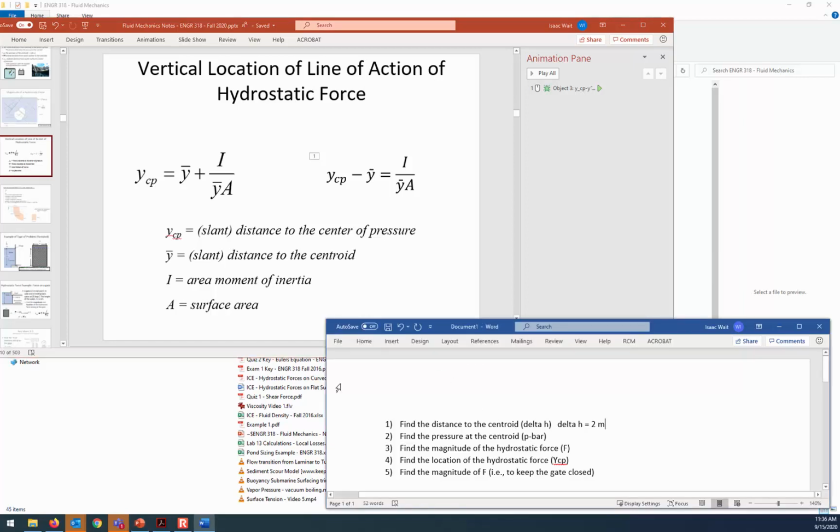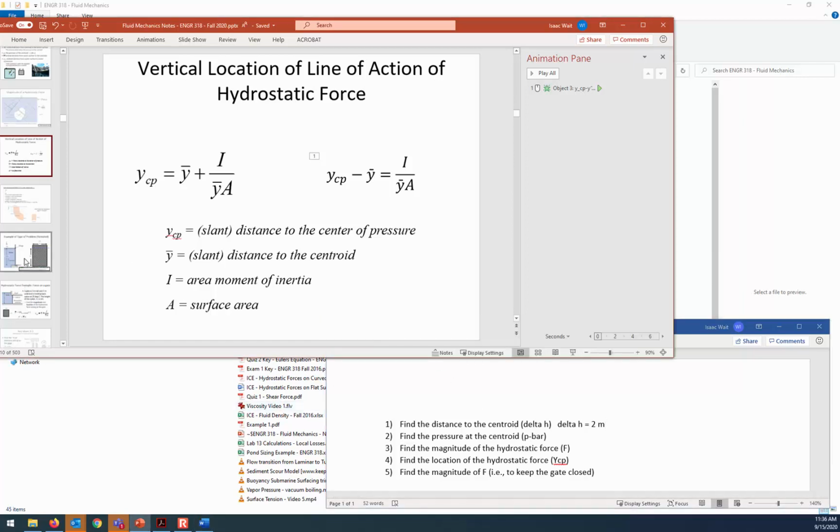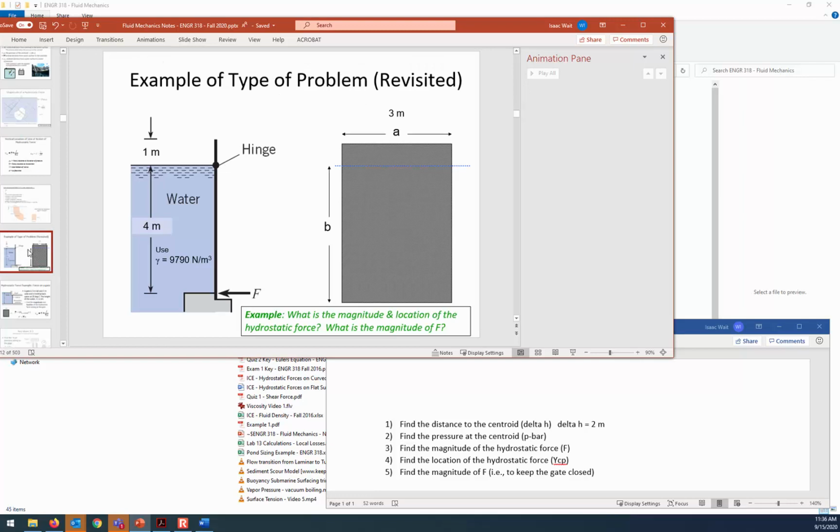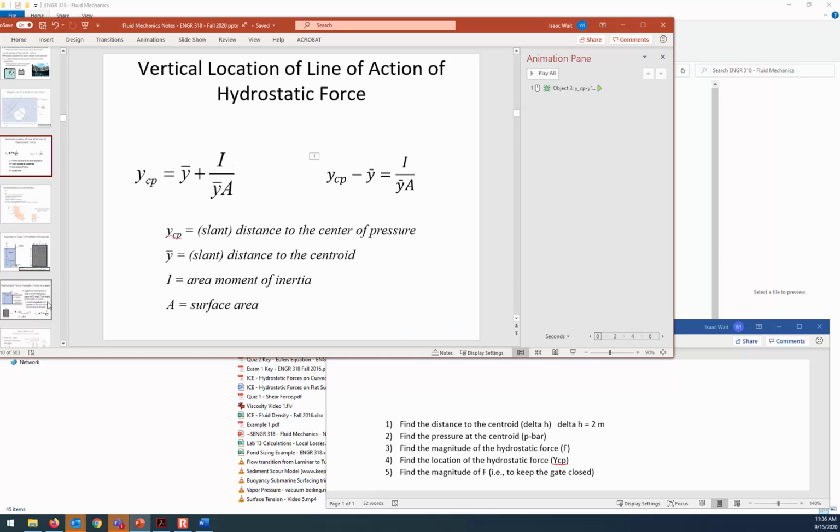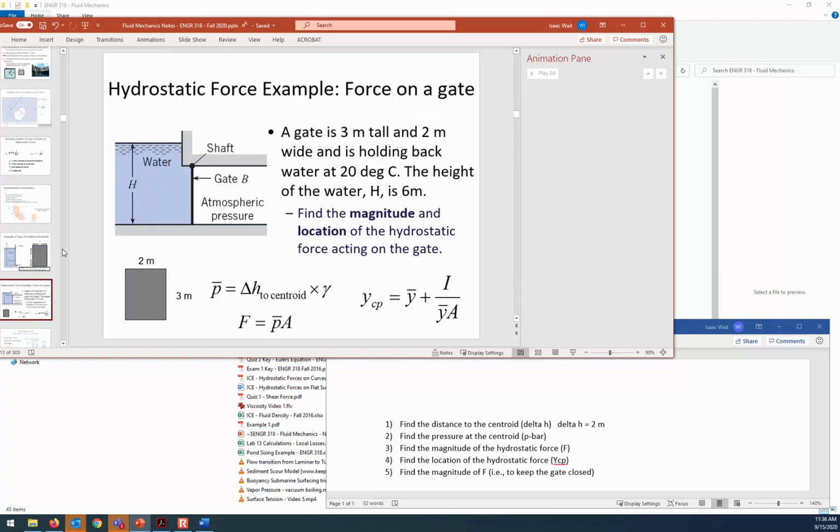If it's 2/3 of the depth, then we can just calculate really quickly. If you multiply 4 by 2/3, it's going to be 2.67 meters down from the water surface. But let's try out this formula for YCP just to see that it works.